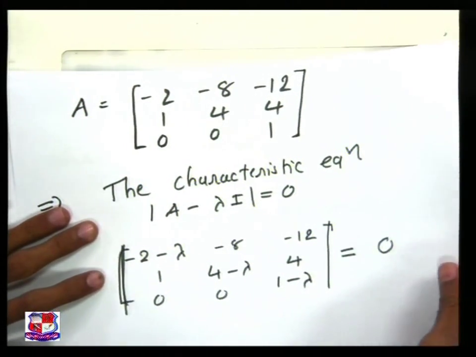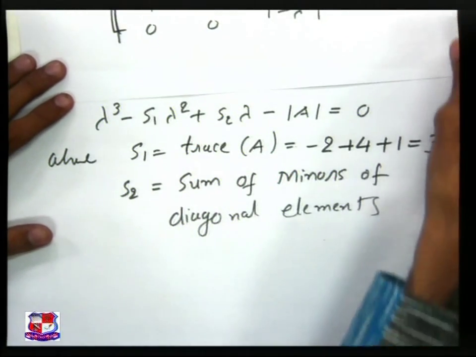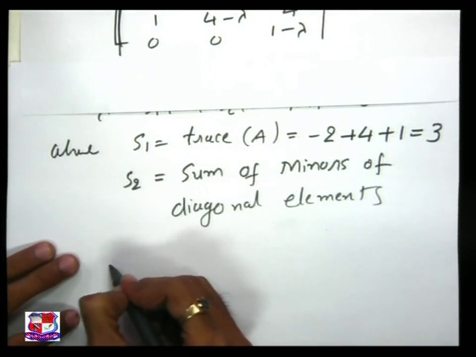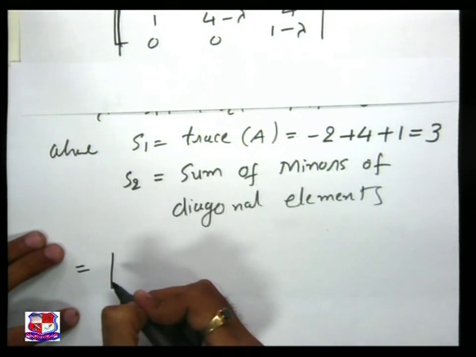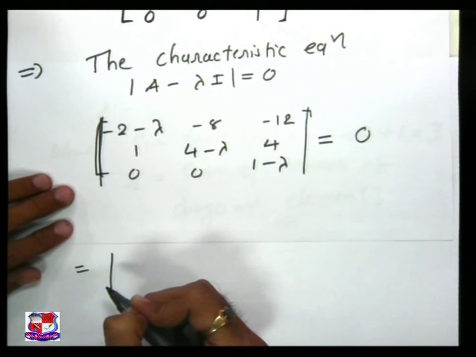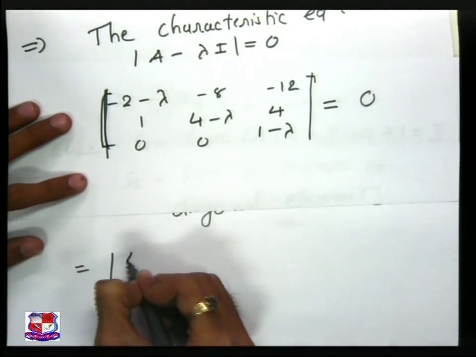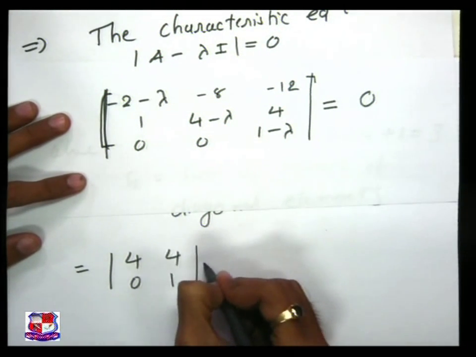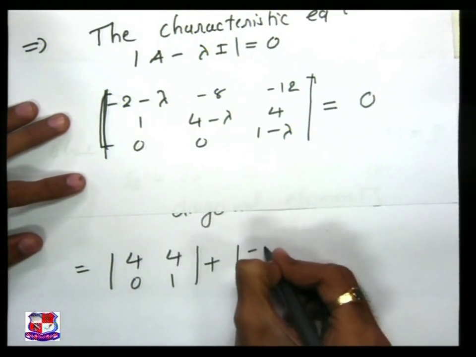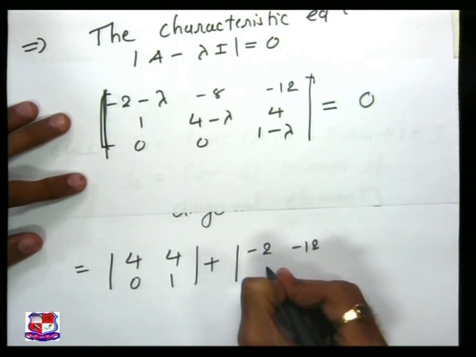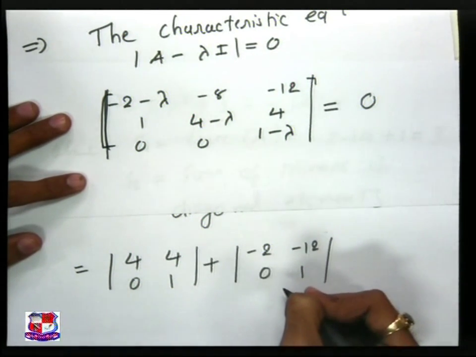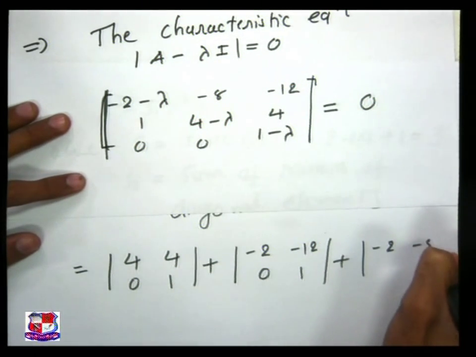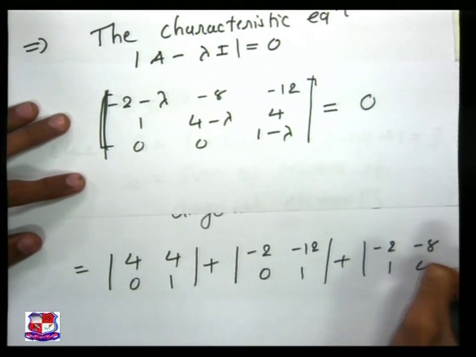So minor of 1, by deleting this row and column, is minus 2 minus 8, 1 and 4.